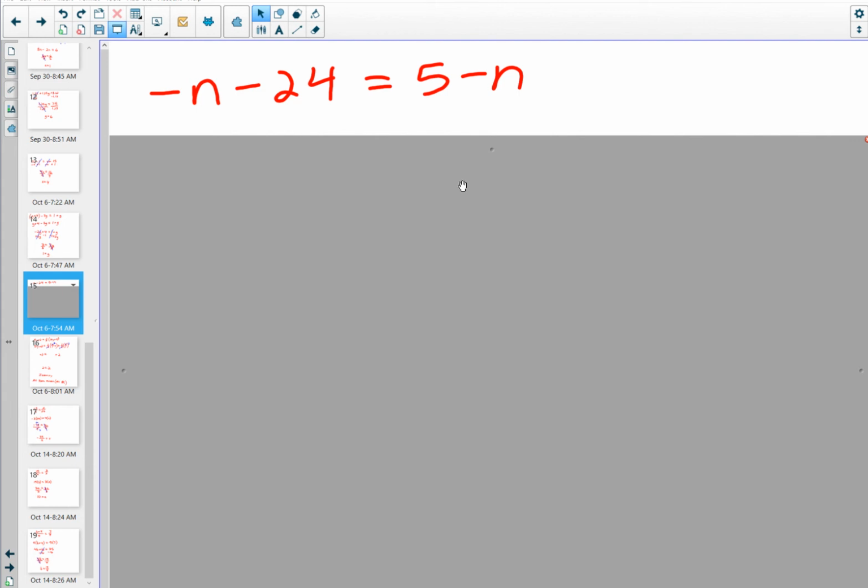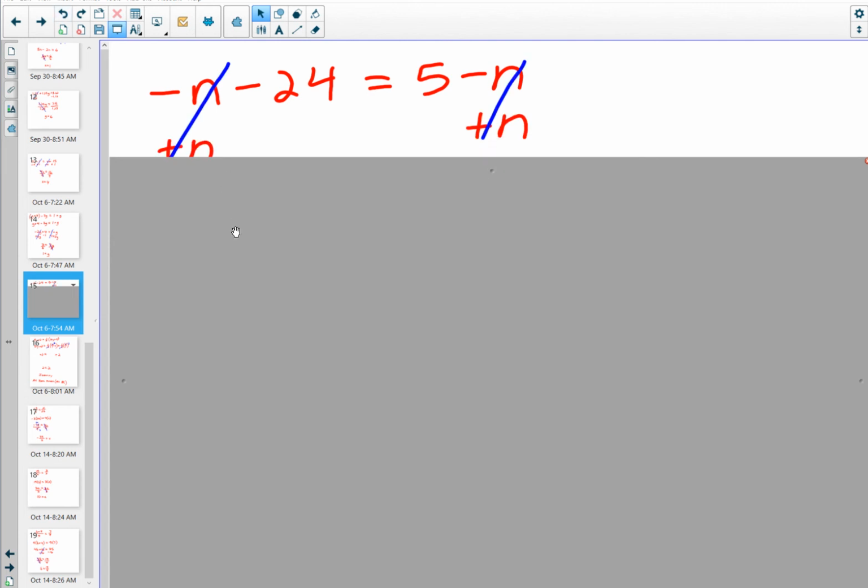Variables again on both sides, right? So I want to move them together. There's something I can simplify. But now when I go looking at this, this is why I told you look at the variables first. When I look at the variables, they both have the same number in front. So regardless of which n you want to move, you end up doing plus n on both sides, and all the n's cancel out.